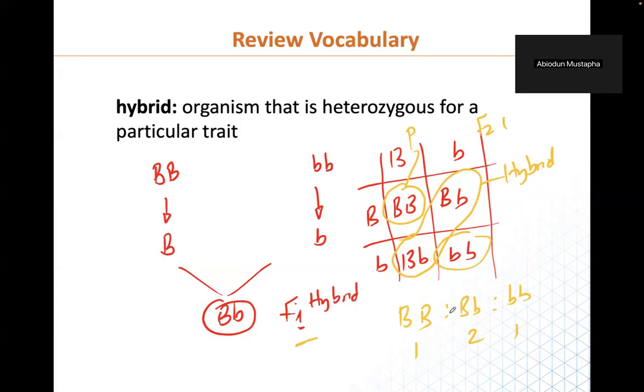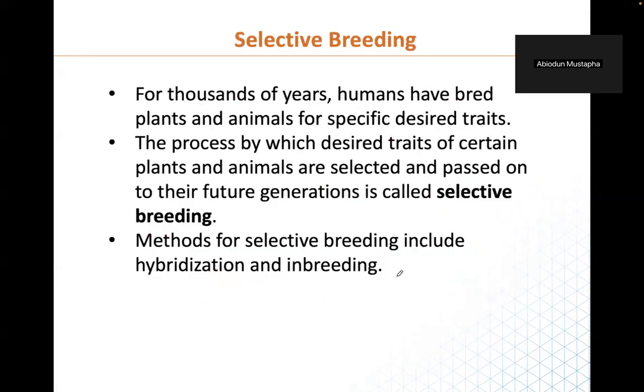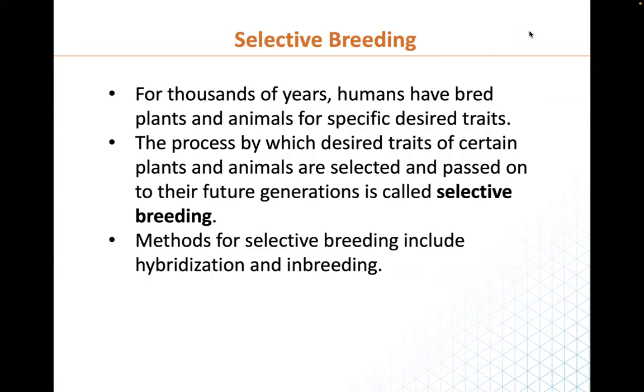All right, let's move on to the next one. For thousands of years, humans have bred plants and animals for specific desired traits. When you desire or cherish a trait, you want to get it by crossing with organisms that have the trait.